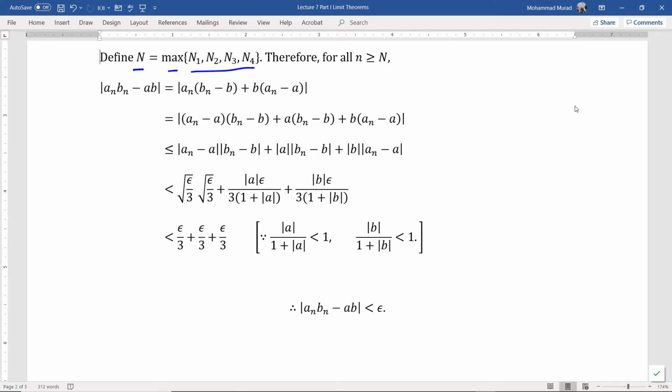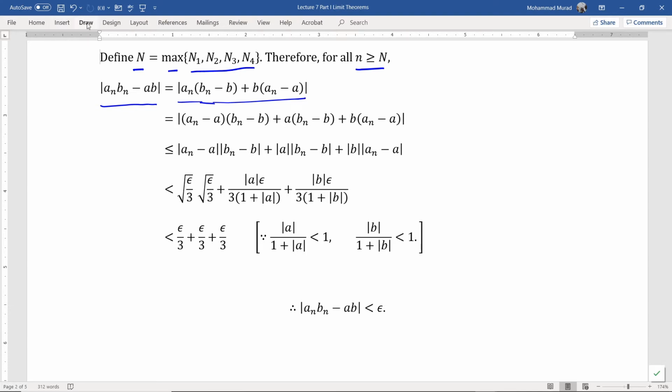Therefore, for all indices n greater than or equal to capital N, we can write the absolute value of the quantity a sub n b sub n minus ab as the absolute value of a sub n times b sub n minus b plus b times a sub n minus a.